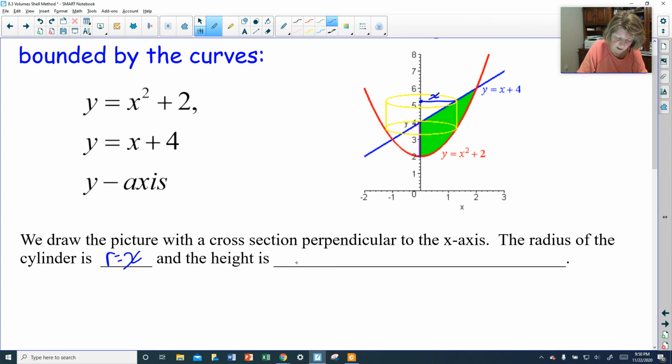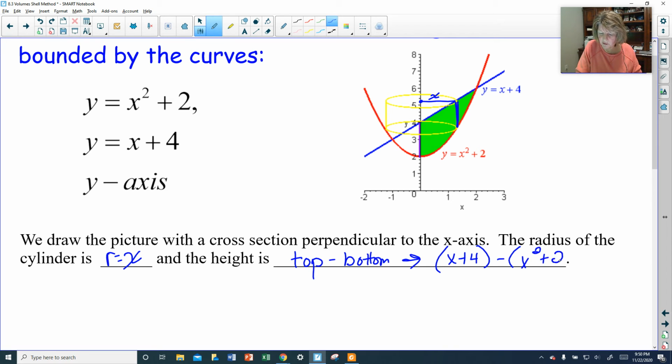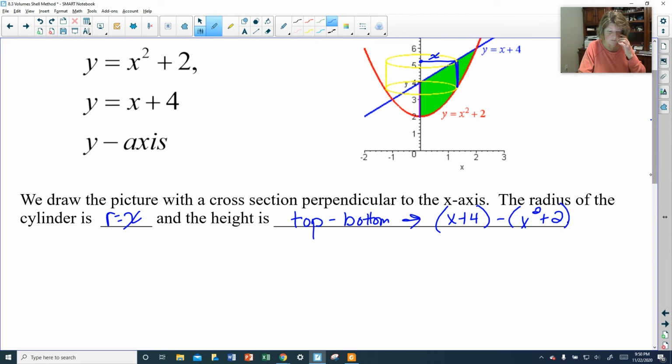So let's talk about top minus bottom so that we can capture the height of our shell. I'm going to go blue function, linear, which is x plus 4, take away the parabola, which is x squared plus 2. You know that top minus bottom will always get you a vertical length, so that's super handy.